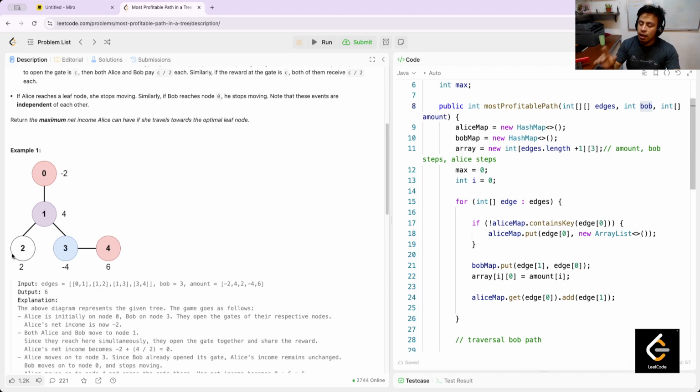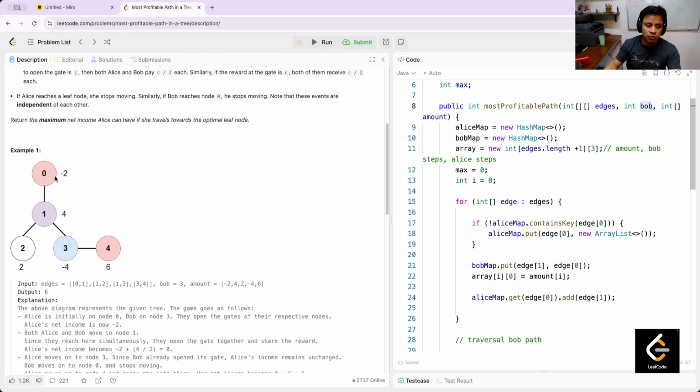This is the idea. But the interesting thing with this problem is that at the same time, Bob exists. Alice needs to reach the leaves, and Bob, starting for example here or at another node, needs to reach the root, in this case 0.